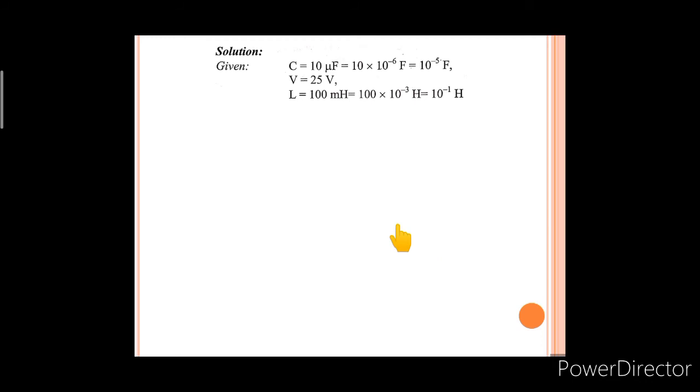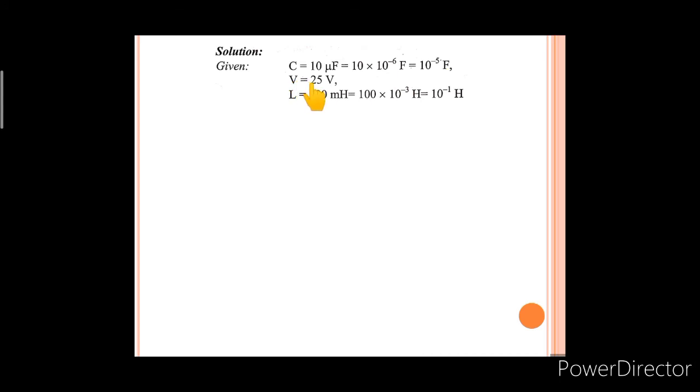Let's see the solution. First of all, we have to write down the data. The capacitance C is given as 10 microfarad, which is to be converted into farad by multiplying by 10 raised to minus 6. And this 10 raised to minus 6 we are multiplying with 10, so it becomes 10 raised to minus 5. So the value of C we can write as 10 raised to minus 5 farad.